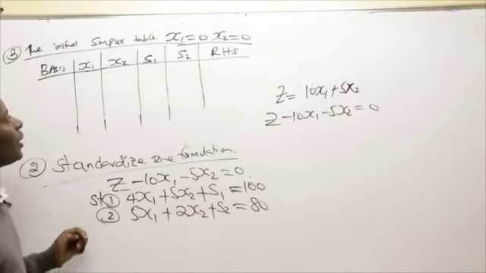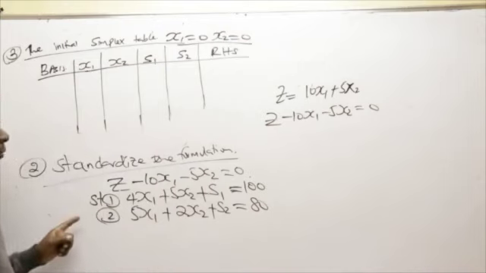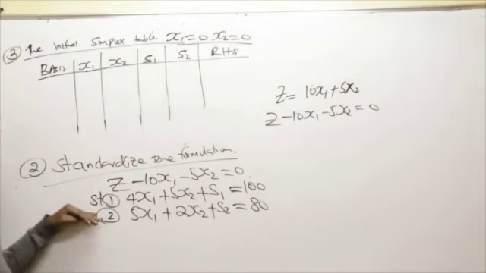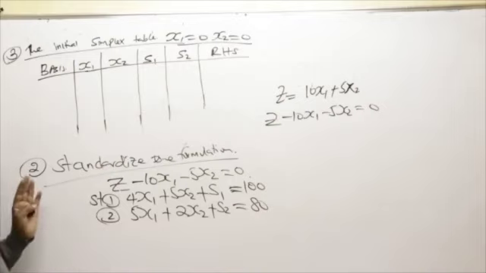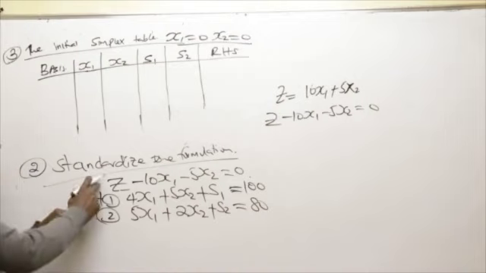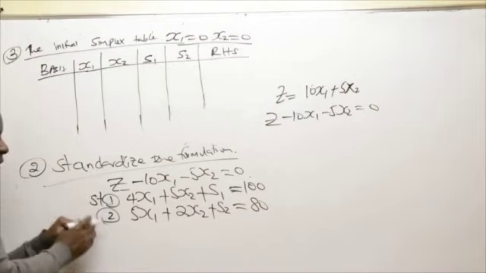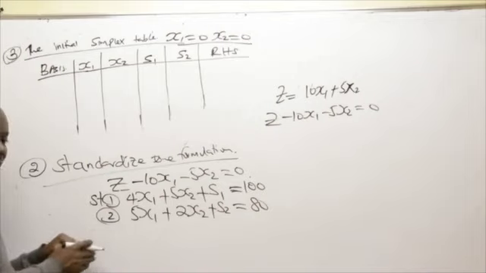Now, ladies and gentlemen, in our initial simplex table, we normally start with the constraints. And remember, for these constraints, what have we said? We've said that at the moment, x1 and x2 parameters are 0.